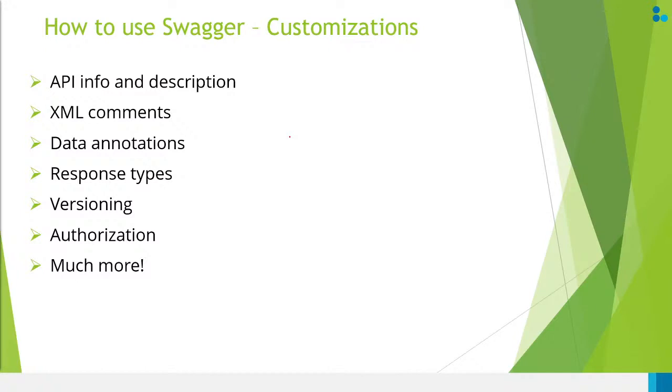But we are going to focus on these ones: API info and descriptions. The XML comments will be generated and will be like descriptions for each of our operations, data annotations, response types, versioning, authorization, and much more.